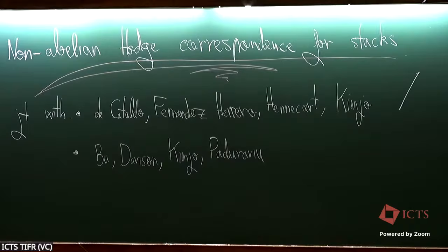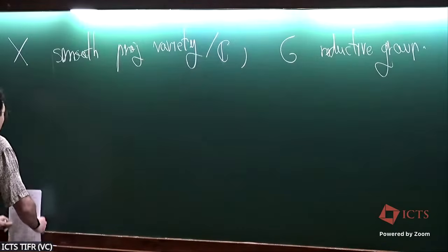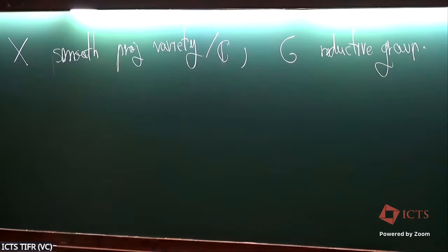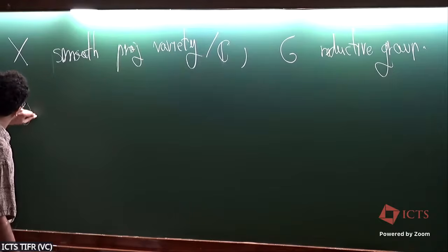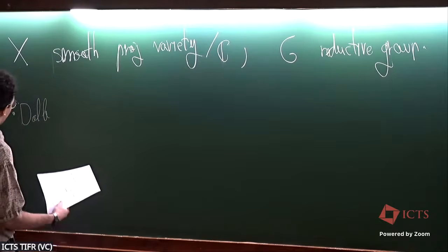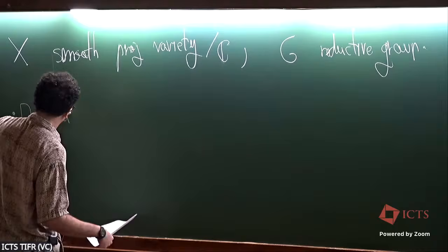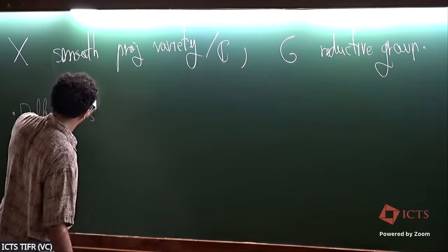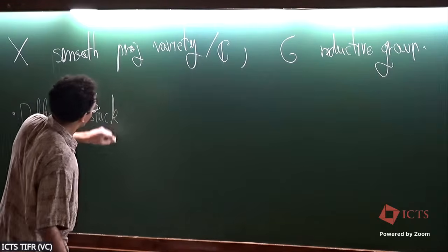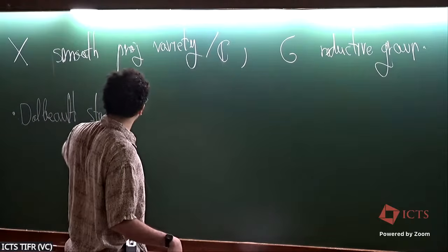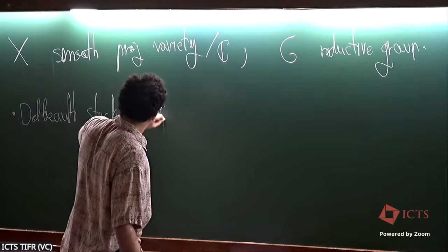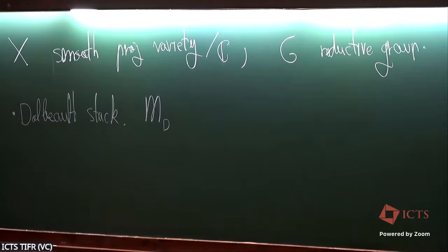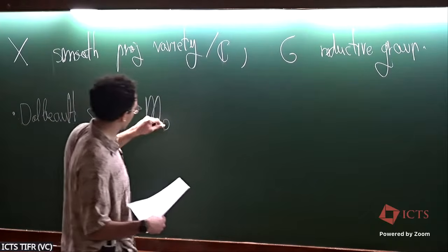So non-abelian Hodge correspondence is about three moduli spaces. And let me introduce them as moduli stacks. So the first one is the Dolbeault stack, that I'm going to denote curly M_D, or maybe curly L_dol.